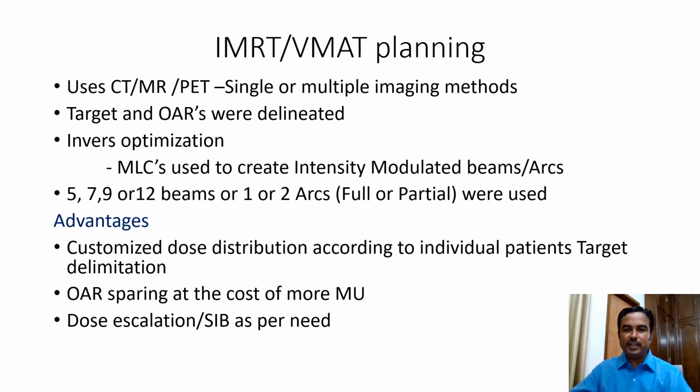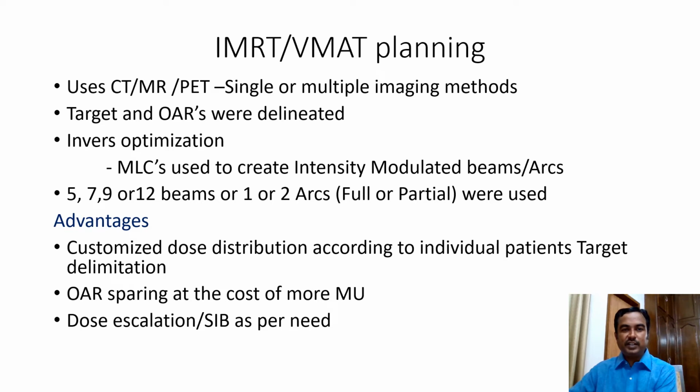The main advantage of using IMRT for pelvis irradiation is that it helps in reducing dose to the OARs, especially the low dose spread. We can use single or multiple imaging methods. It is not necessarily only in IMRT; in 3D CRT also we can use it.